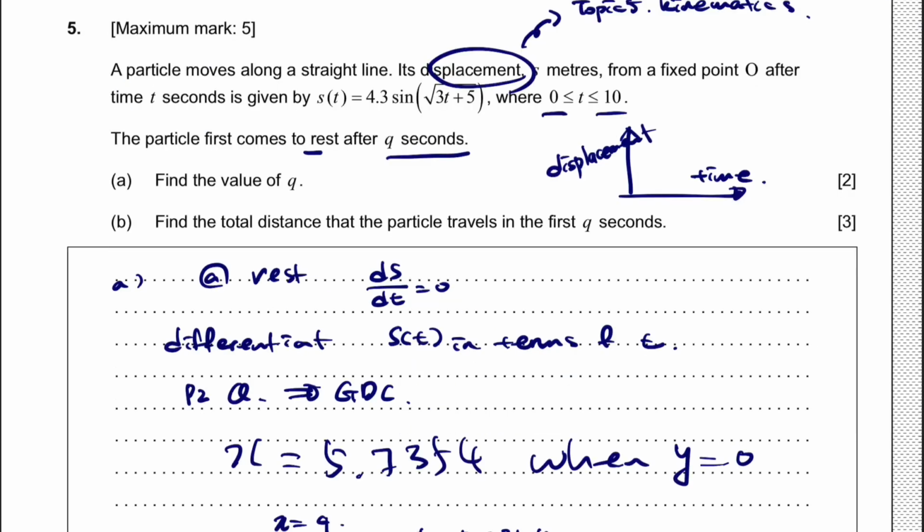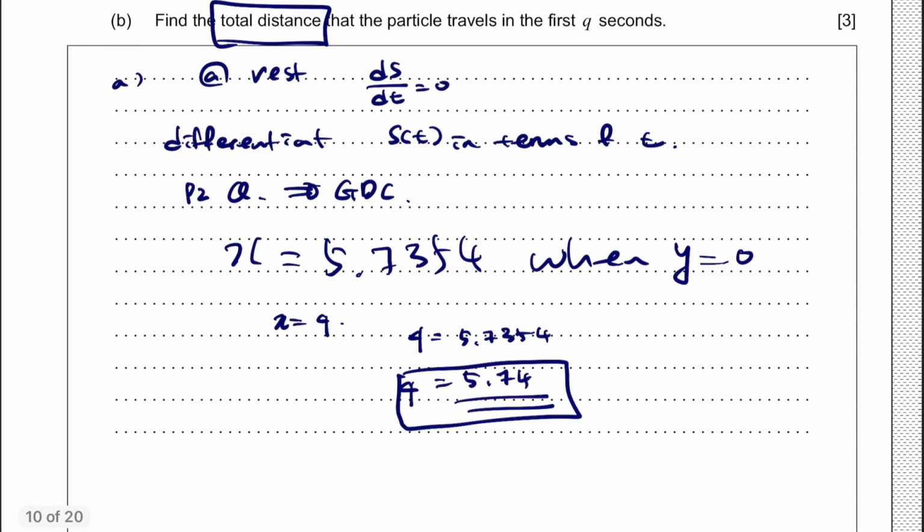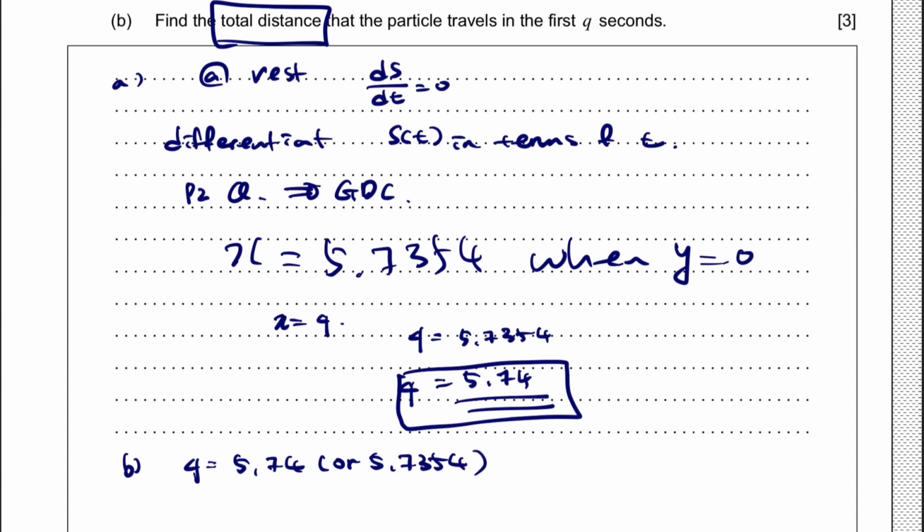Then let's try question B. We need to find the total distance that the particle travels in the first q seconds. Since we know that the q value is 5.74, or 5.7354, we are going to use this value to find the total distance.